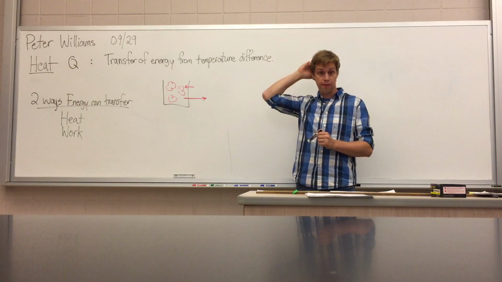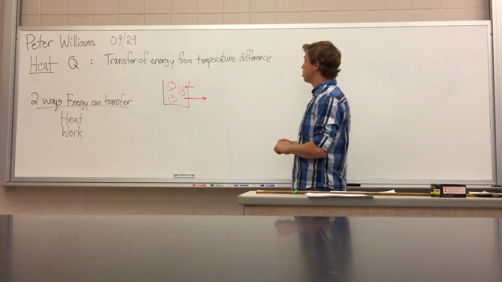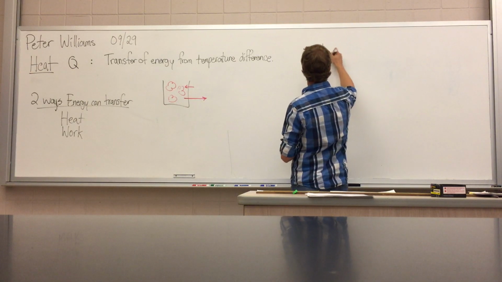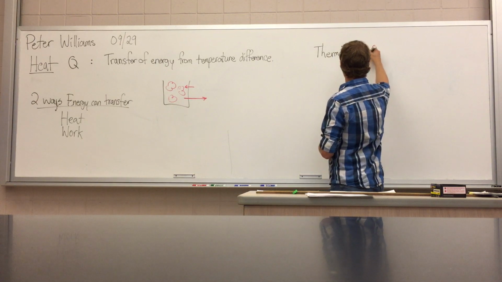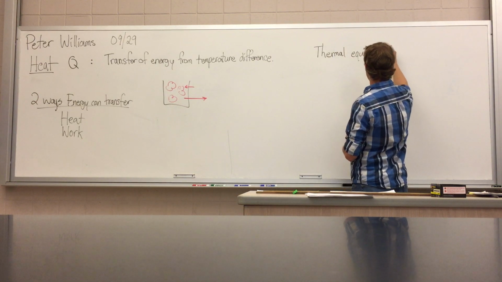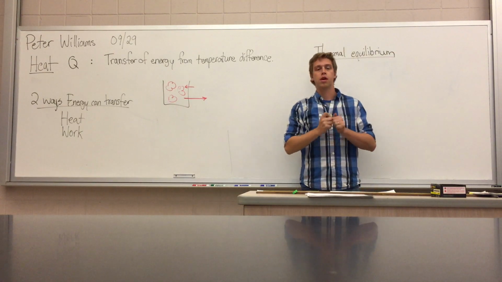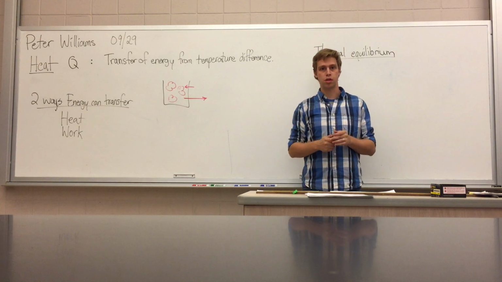I think that we should define some terms having to do with temperature difference. So the first term that I'm going to throw up here is thermal equilibrium. Now, we remember talking about equilibrium from our discussion of processes and states on our PVT surface.